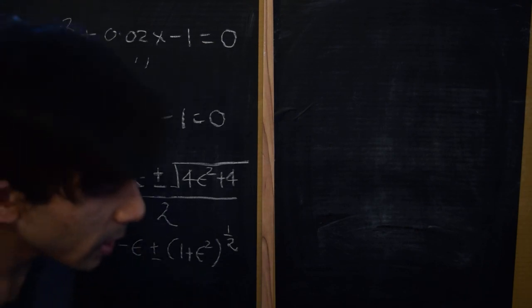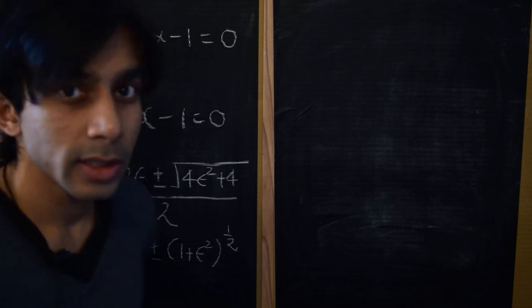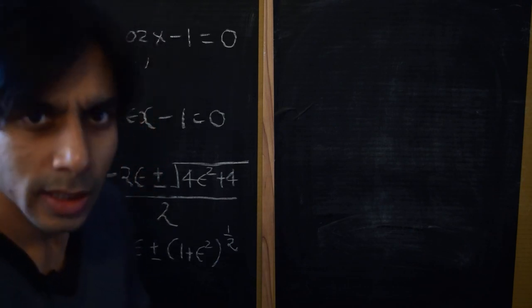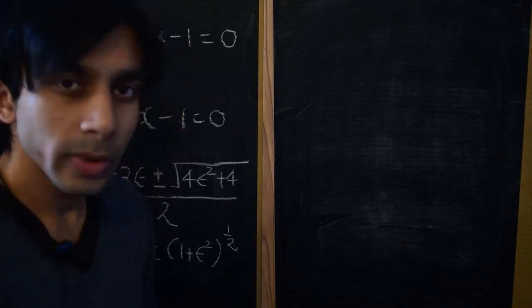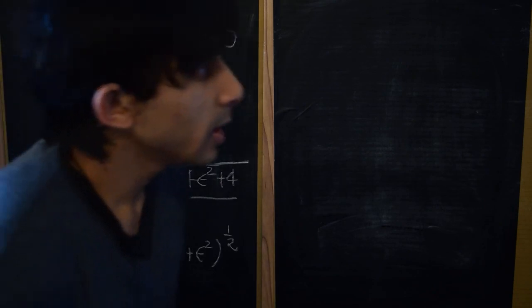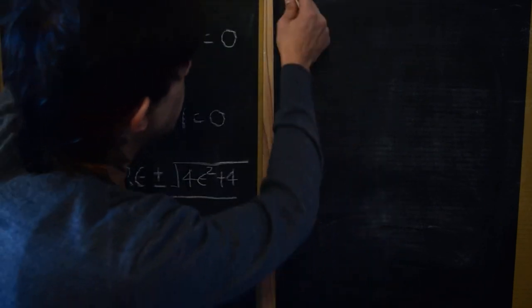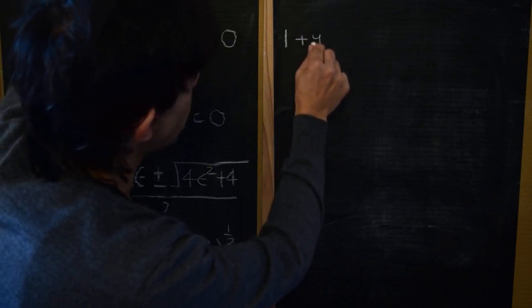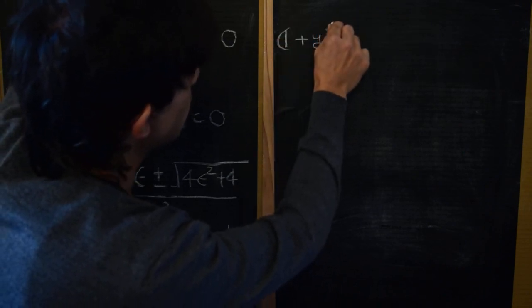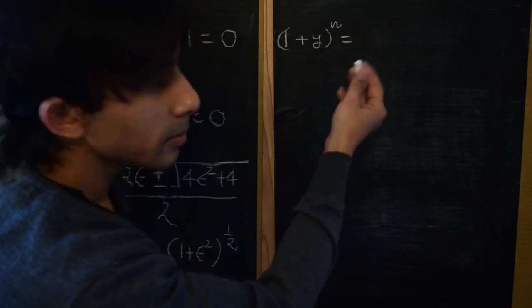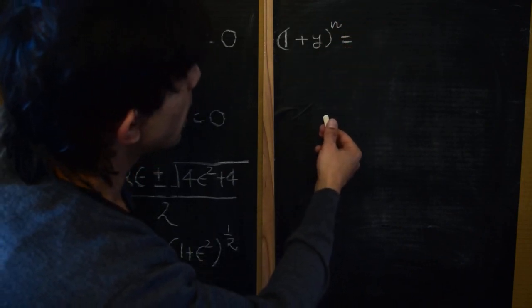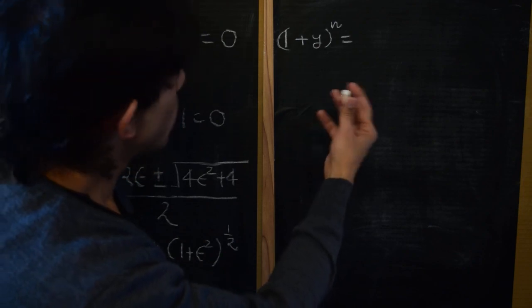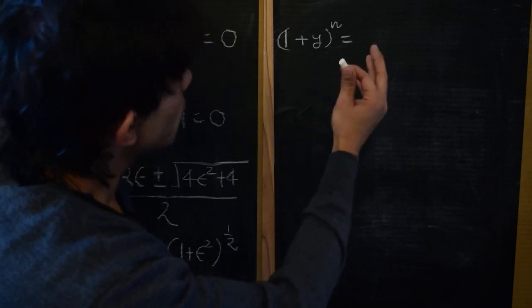Now, if you're familiar with power series representation or Taylor series expansions of functions, then that's basically what we'll be using here. But if not, we'll be doing a series of videos covering those topics as well. So for now, let's just state that say you have a function 1 plus y to the power of n, where n could be any integer, for instance, or it even works in the case of fractional powers.